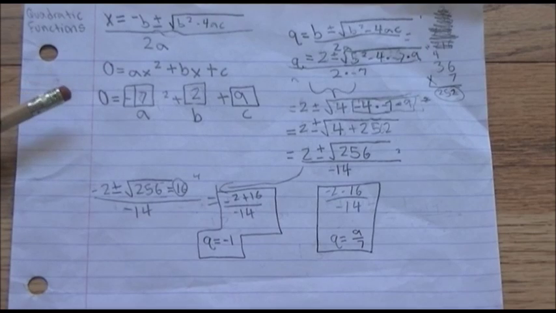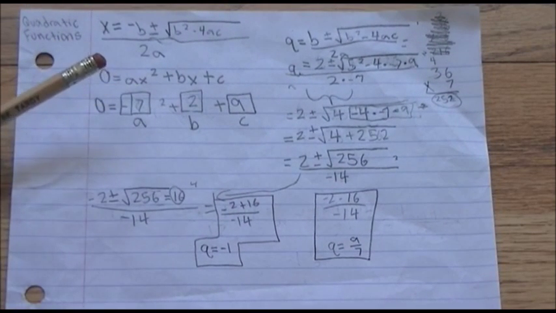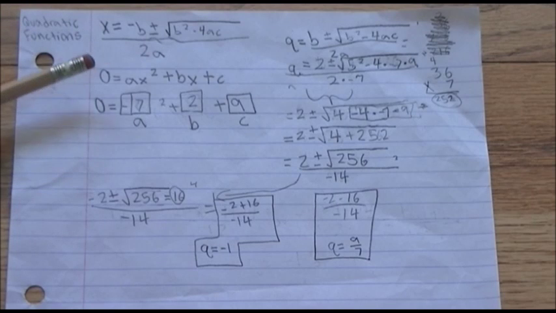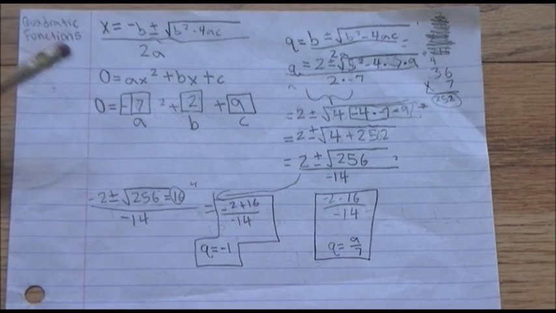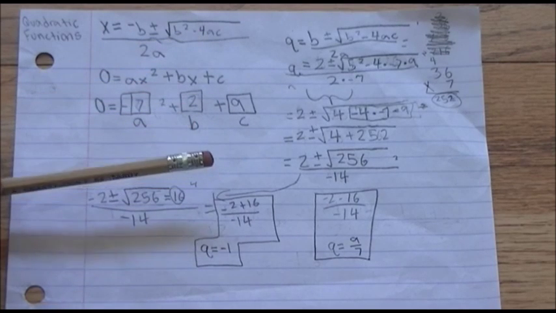Our problem is 0 equals negative 7x squared plus 2x plus 9. And our formula is going to be ax squared plus bx plus c. So that means basically negative 7 is a, 2 equals b, and 9 is the constant.